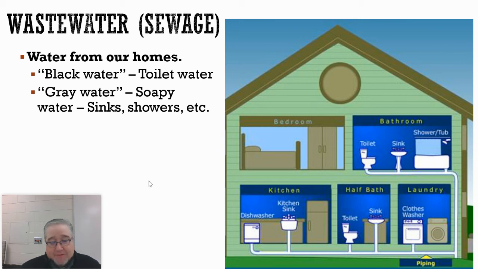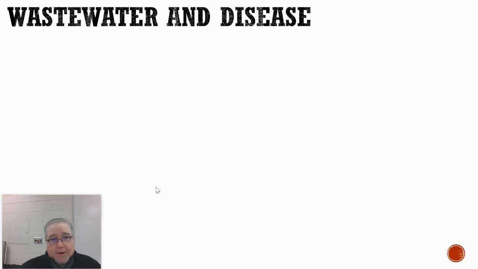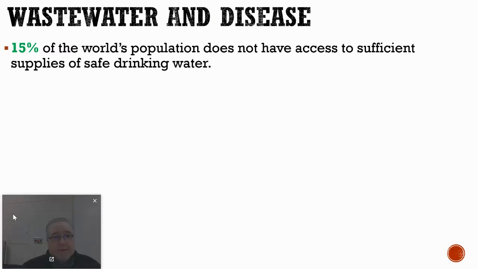So that will have a lot of organic material in it, obviously. And then we have our gray water, which is soapy water. That's water from sinks and showers and things like that. That's a lot more chemical based. What goes down the sinks and the shower drains and all that type of stuff. So pretty much in everybody's home, right? They're going to produce sewage, and they're going to produce a mixture of both black water and also gray water.